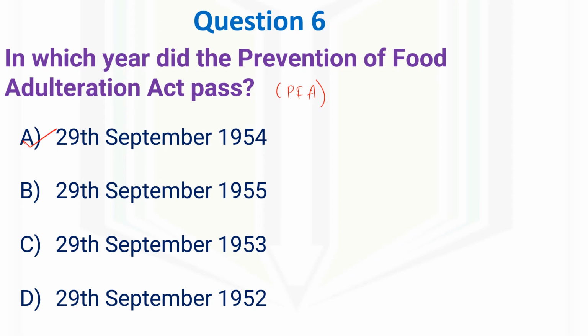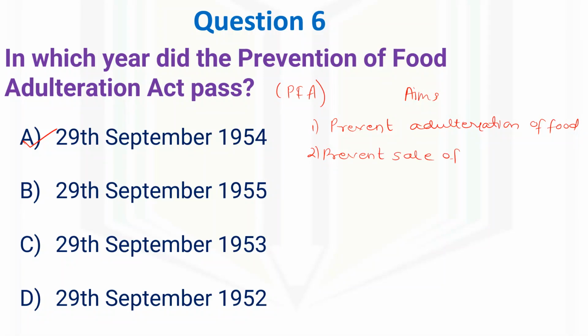It is the Prevention of Food Adulteration Act, and the aims of this act are, firstly, to prevent adulteration of food. Secondly, to prevent sale of adulterated food.